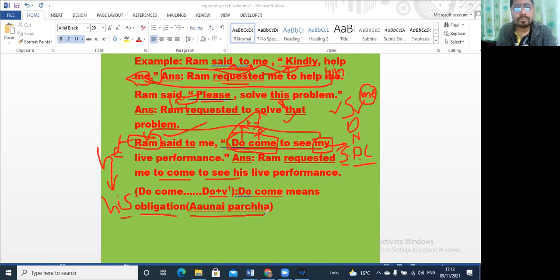That's why do plus verb one represents a kind of obligation, compulsion, a polite and strict request. So do plus verb one is an emphatic verb. In this way, we have completed some of the special cases of reported statement.